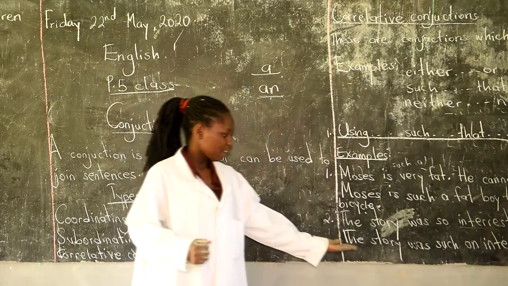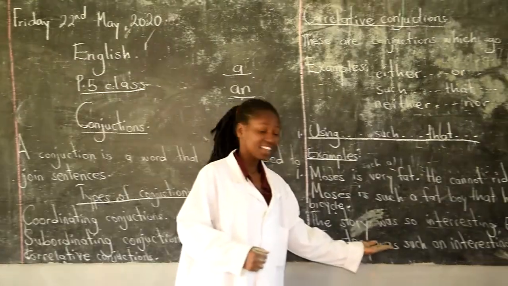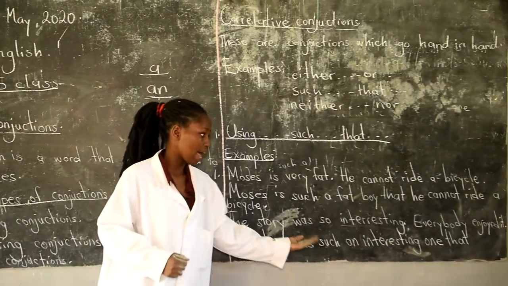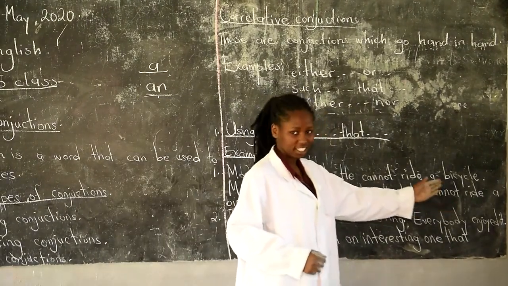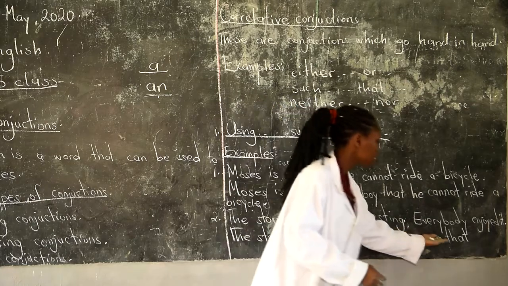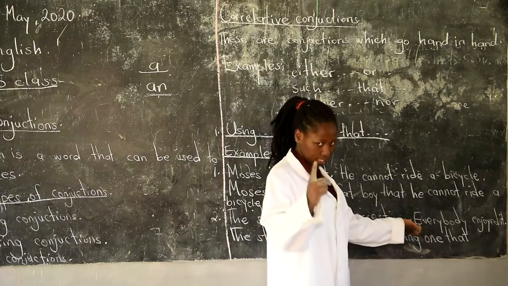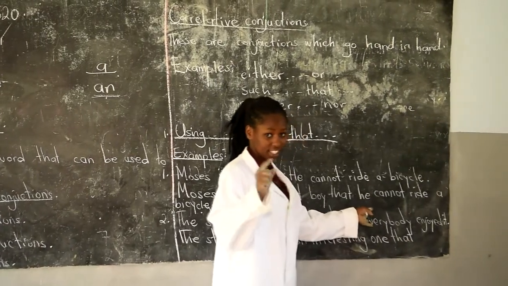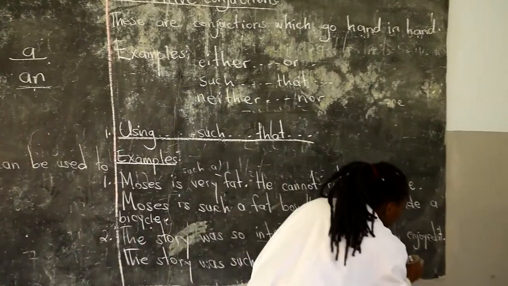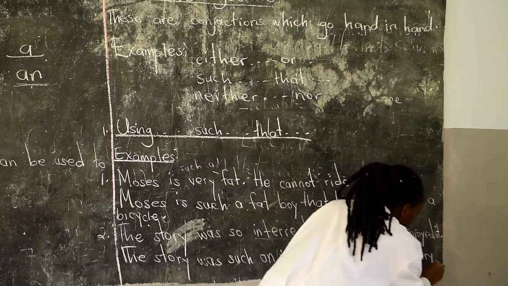The story was such an interesting one that everybody enjoyed it. So just come here and join everybody. Note, don't start with a capital letter again. It is in the middle of a sentence. That everybody.